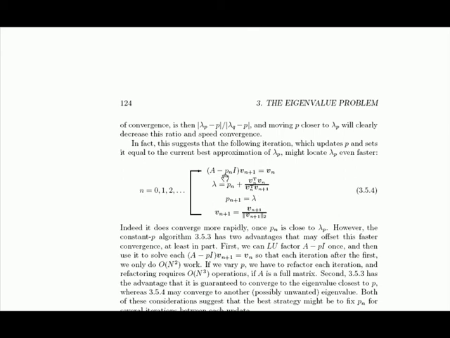One is that now your matrix is changing every iteration, so you can't use the LU decomposition. And secondly, it's not guaranteed to converge to the eigenvalue closest to p. It probably will, but it's not guaranteed. So if it's important to find the eigenvalue closest to p rather than just any eigenvalue, then you might not want to update p every step.